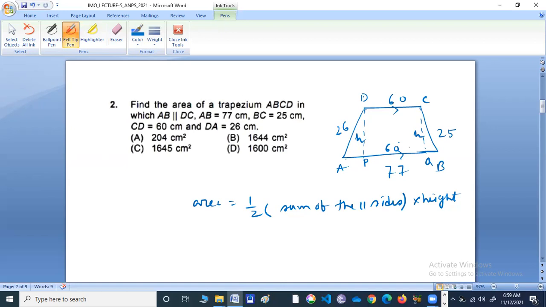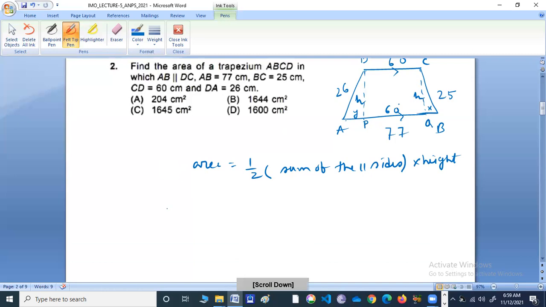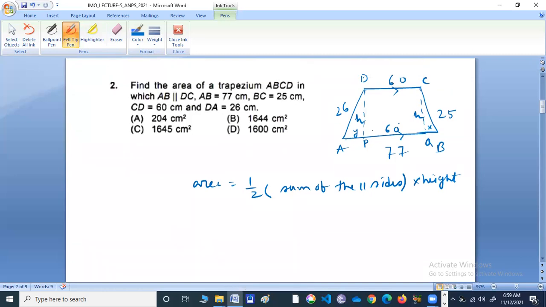Suppose you put x here and y here. Then from Pythagoras theorem, from this triangle we can say h square, perpendicular square, is equal to 26 square minus y square. And from this triangle we can say h square is equal to 25 square minus x square.